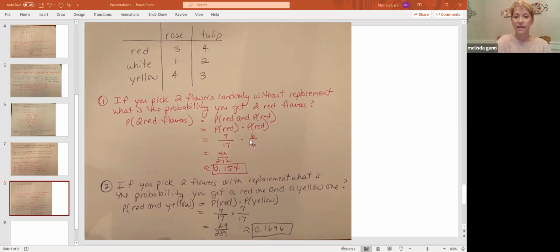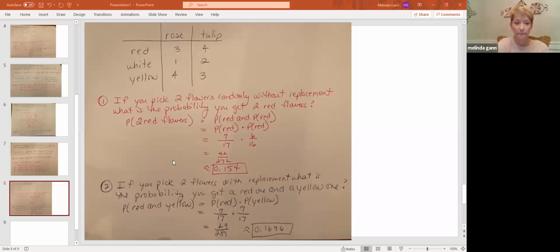Now there's only 16 flowers. And of those 16, how many are red? Only 6. Remember, the flower that I threw away was red. So you've got to assume that this first thing has happened. Well, 7 times 6 is 42. 17 times 16 is 272. So I divided those and rounded to 3 decimal places.